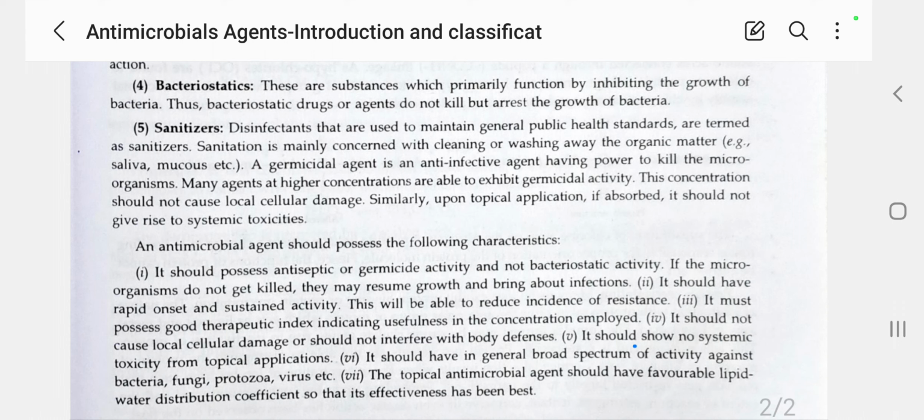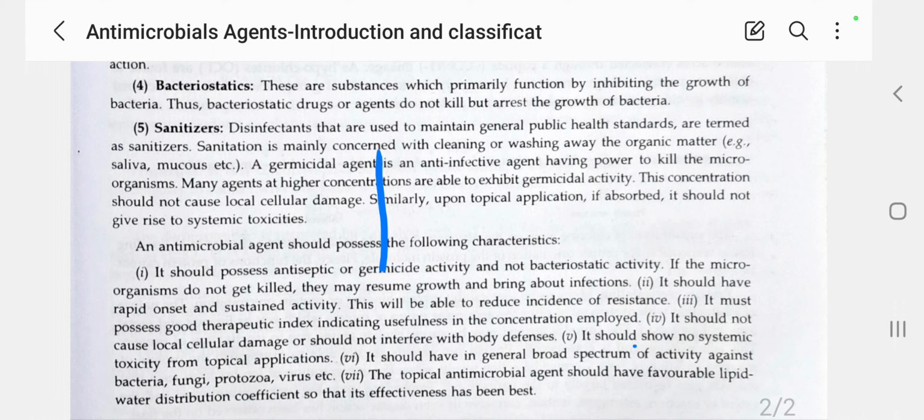It must possess a good therapeutic index. It should not cause local cellular damage, should not interfere with the body defenses, and should show no systemic toxicity from topical application. It should have a broad spectrum of activity against bacteria, fungi, protozoa, viruses, etc. The topical antimicrobial agent should have a favorable lipid water distribution coefficient so that its effectiveness is best.